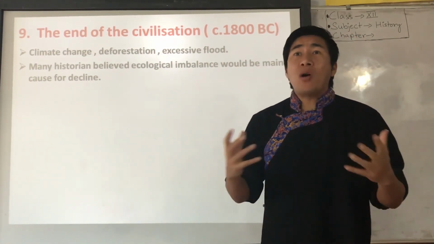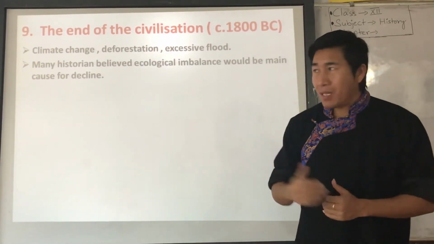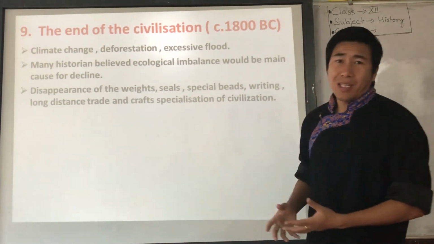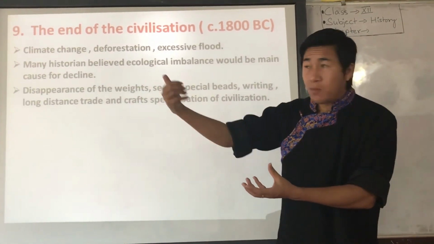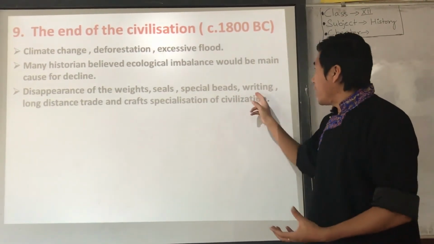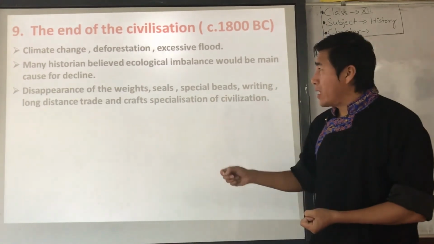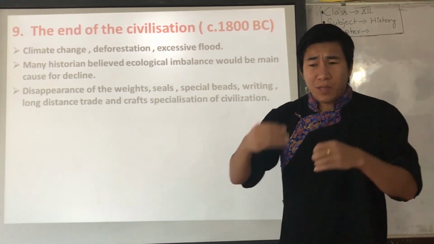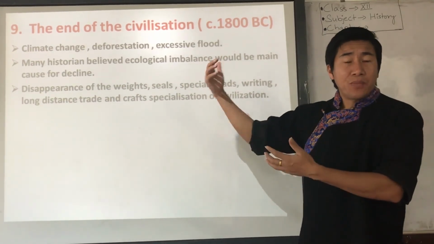Now, how do archaeologists know that the decline happened? By looking at the disappearance of the weights made by the civilization, as we discussed before, seals, and the special beads they used to make. Then writing, long distance trade, and craft specialization all deteriorated and began declining during that time, gradually.